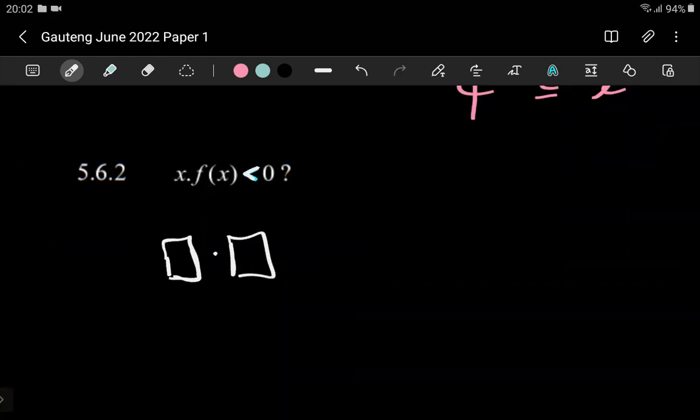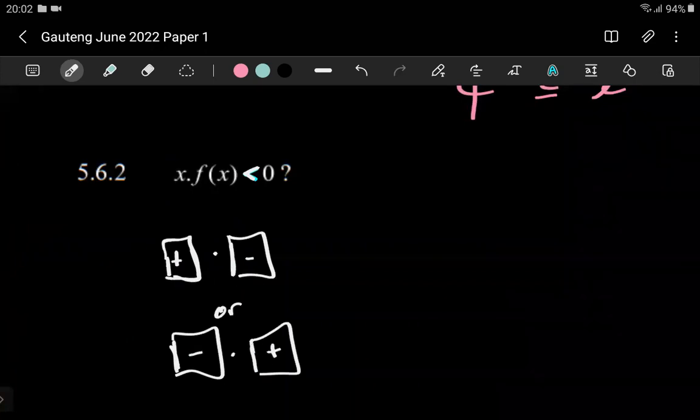You see, so two things are being multiplied together. The only way you'll have a negative value coming out is if one of them is a plus while the other one is a minus, or if this one is the minus while this one is a plus. You see, it's all a matter of determining, okay, where will this one be a positive number while this one is a negative number? Where will this one be a negative number while this one is a positive number? Because as long as that's happening, this will always be a negative.